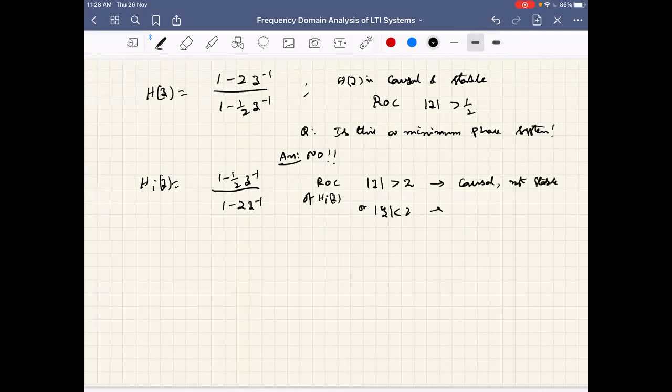In this case it is stable but not causal. So that implies it doesn't have a stable and causal inverse. So the inverse system is not minimum phase, and hence h of z itself is not a minimum phase system.